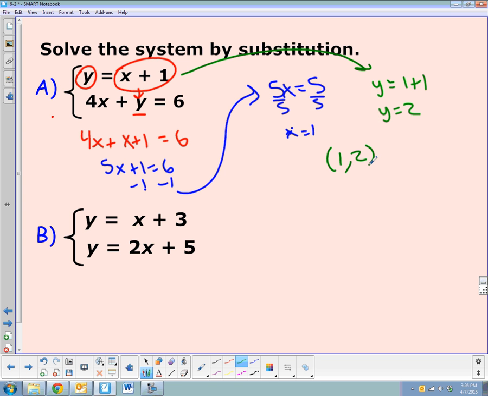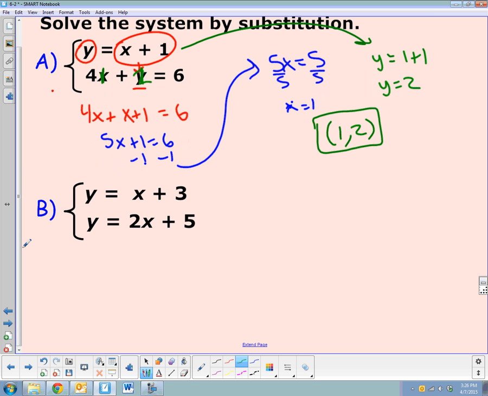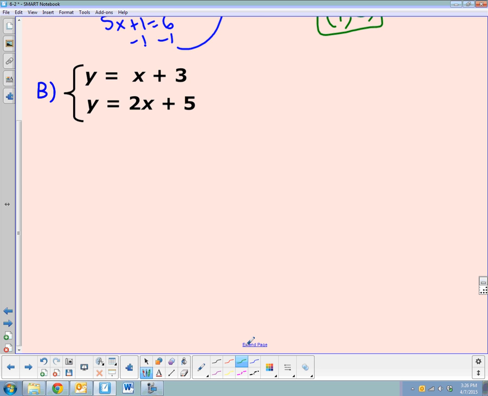And if I check that, 4 times 1 is 4, plus 2 gives me 6. It works. X is 1, y is 2. I found my solution to this system of linear equations. Let's try another one. We've got y equals x plus 3 and y equals 2x plus 5.